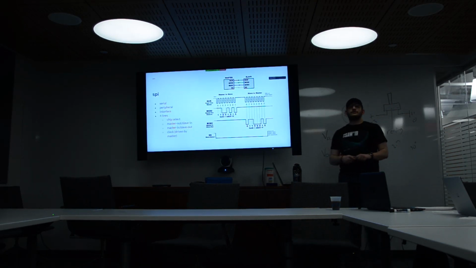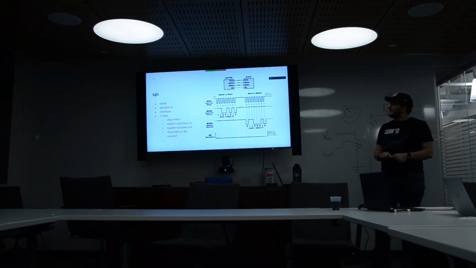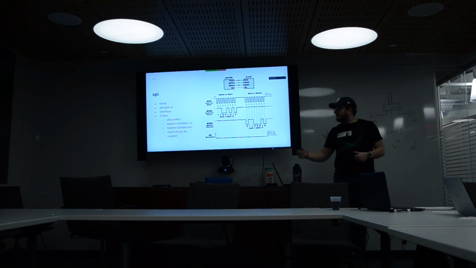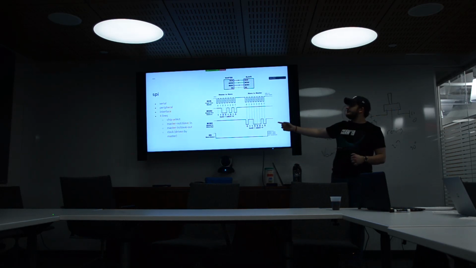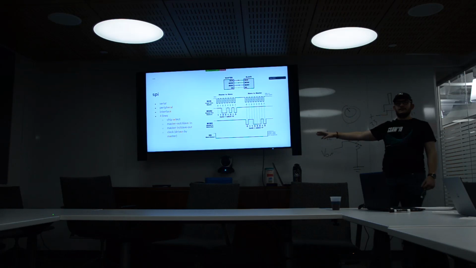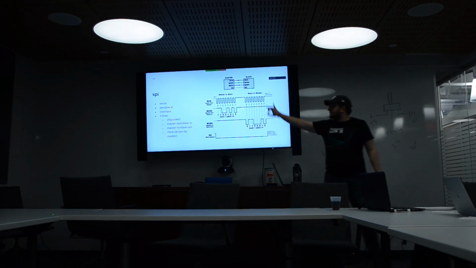SPI stands for Serial Peripheral Interface, and it is 4 physical electrical signals per device. So you have a chip select, a master out slave in, master in slave out, and a clock that the master drives. The way this works is that you have 2 devices.